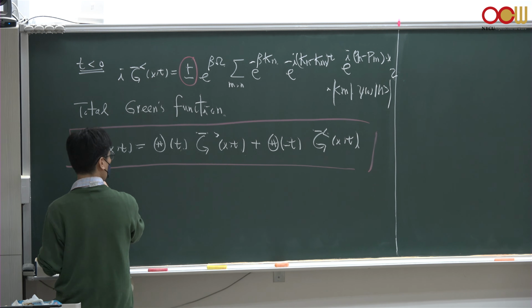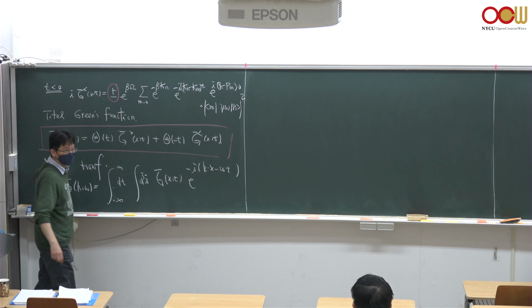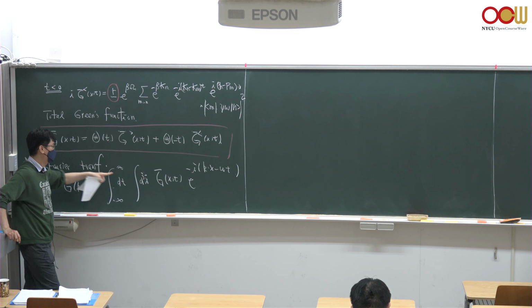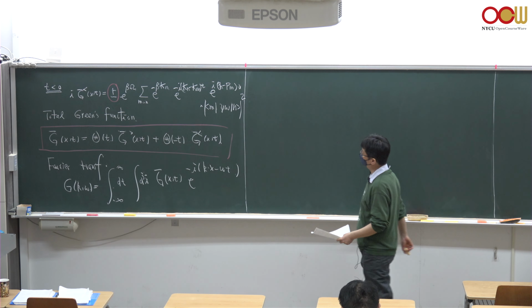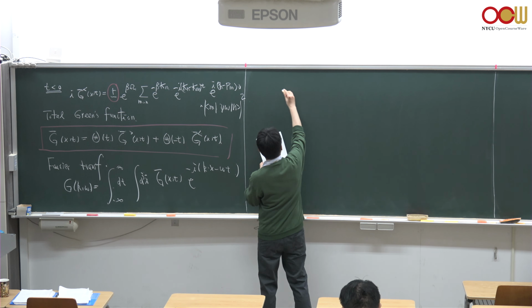Of course, this is what we want, but this is another easy step because we need a detour. Ideally, once we have this G bar x t, which is this, by a Fourier transformation, we are able to get the G k omega. And you simply plug in this G lesser and G greater as functions of x and t, and you could show this G k omega is given by this.